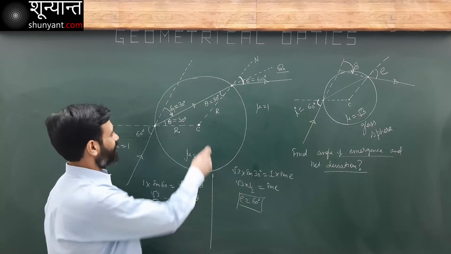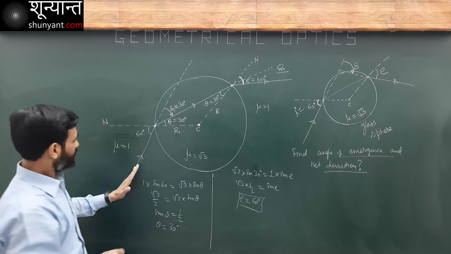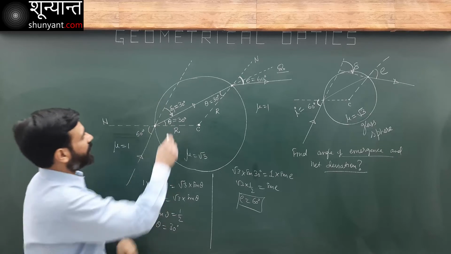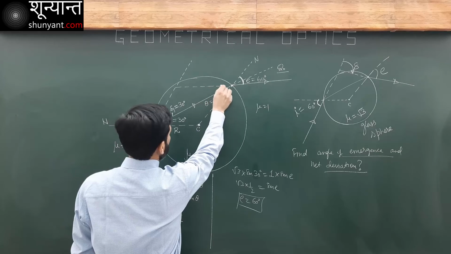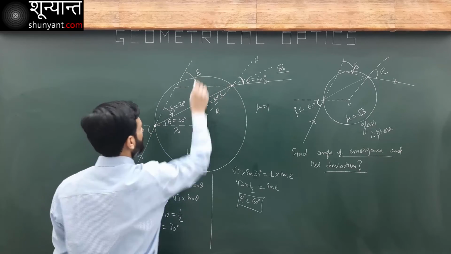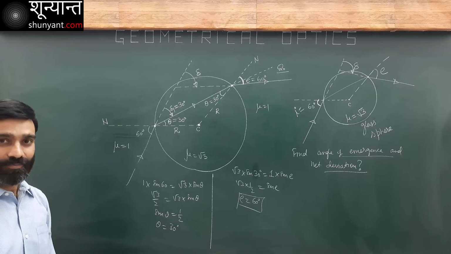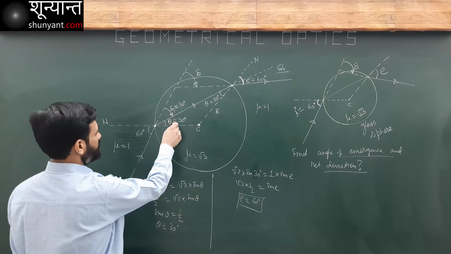Now, what about deviation? This was my original path, and finally light moves in this direction here. So this is going to be my deviation. Can you find it from geometry? From geometry, this is 30.